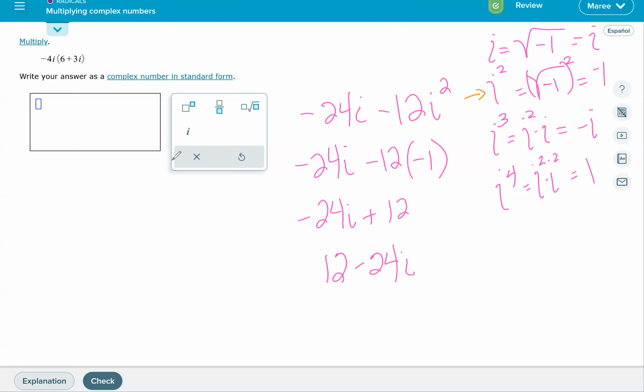This is in the form a plus bi. So we shall type that in. We have 12 minus 24i.